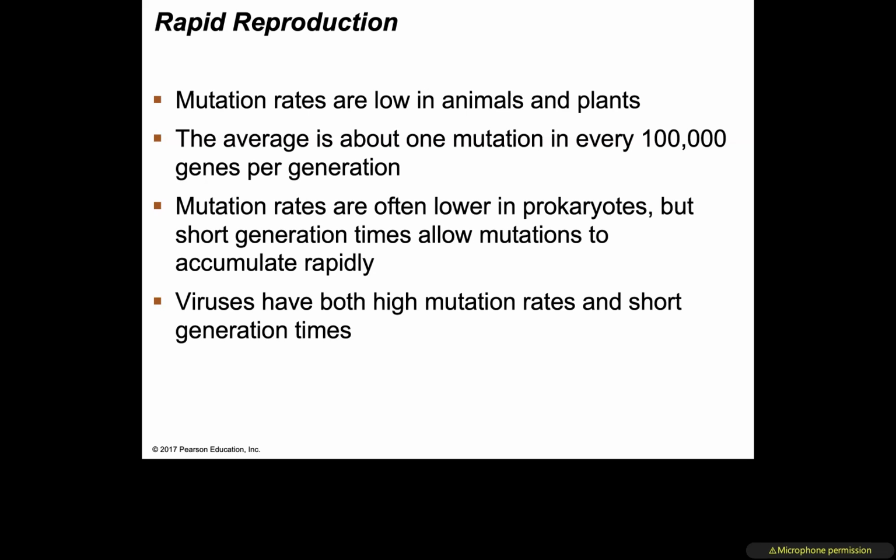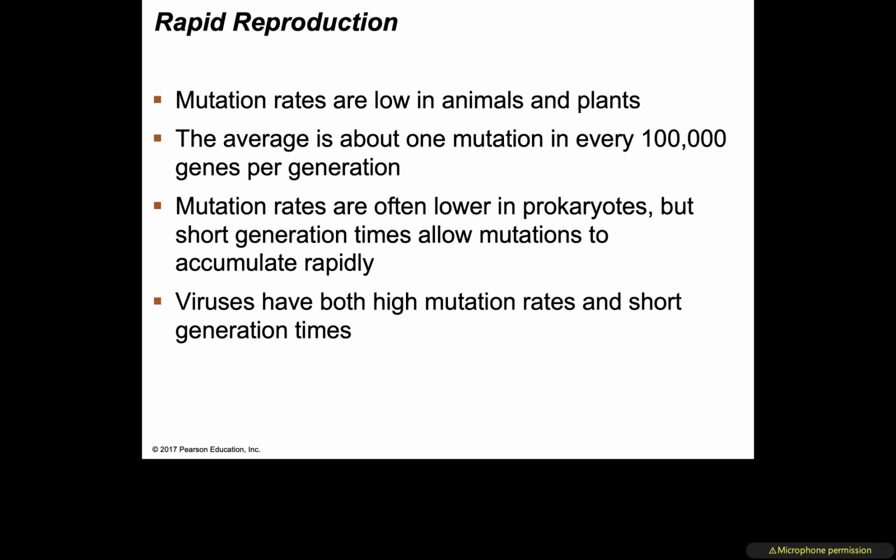So even though between one generation and the next they have a lower mutation rate, because they have a higher reproduction rate, those mutations will actually accumulate more quickly. That is why you talk about bacteria mutating so quickly.